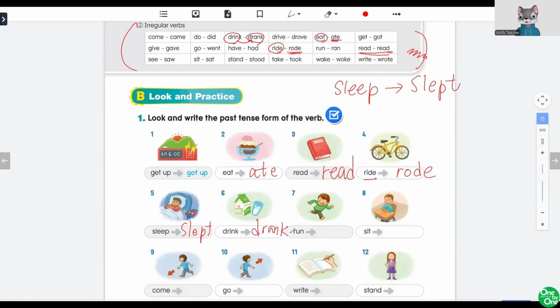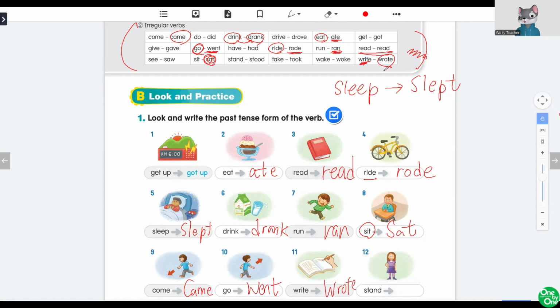Run changes to ran. Very good. Sit changes to sat. Come changes to came. Go is simple. Go changes to went. Fantastic. Write changes to wrote. Fantastic.